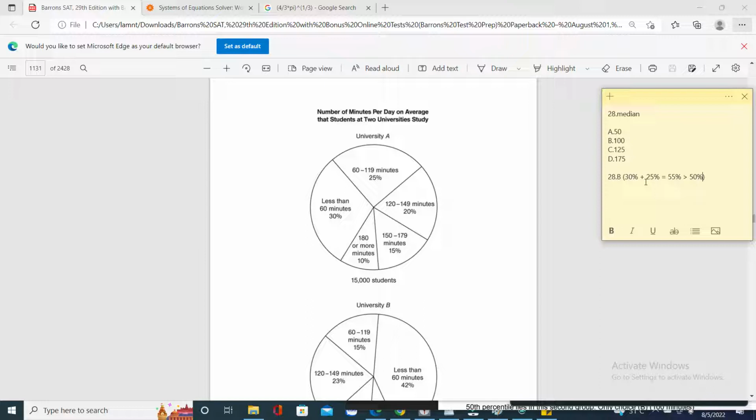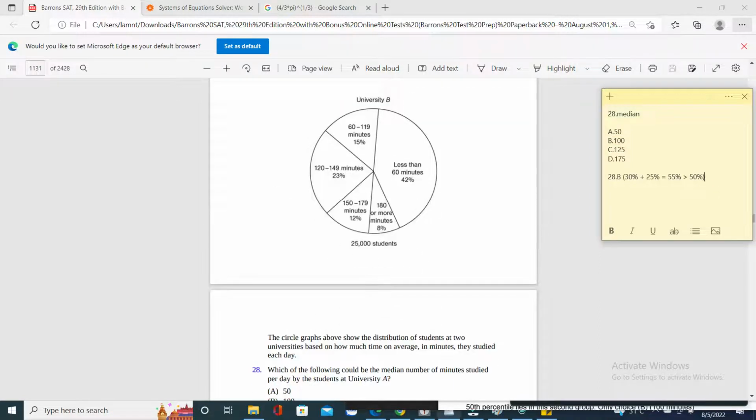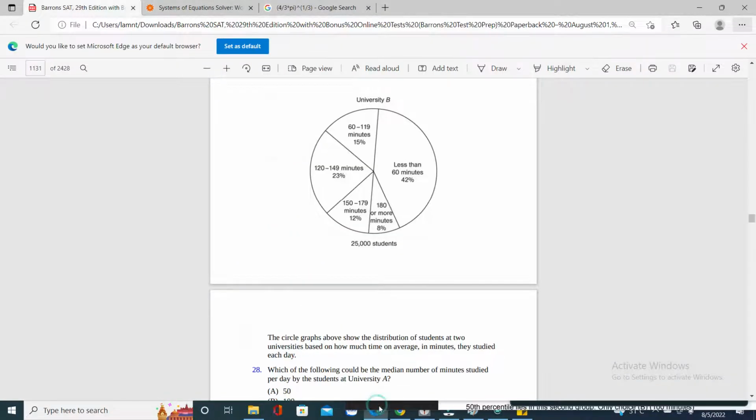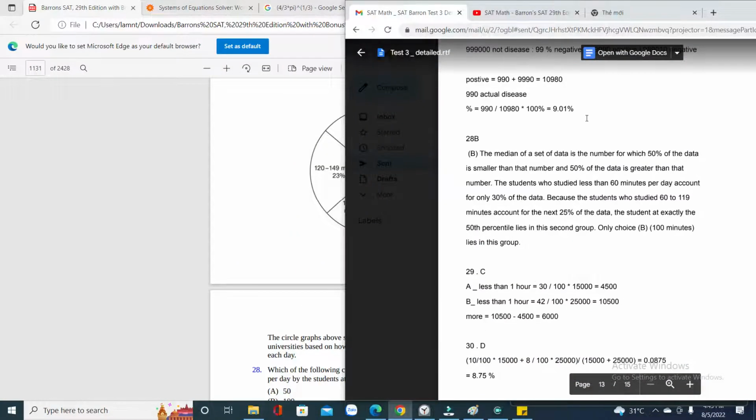So the median has to lie in the 25% section. So the answer is going to be B. So 28 is B.